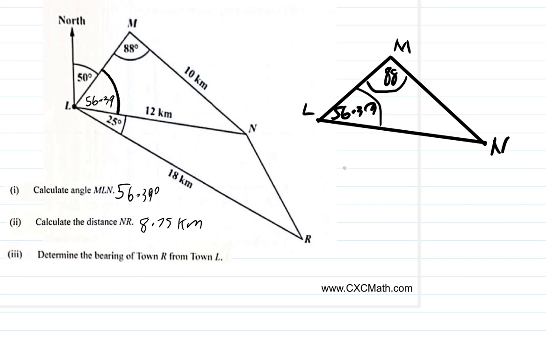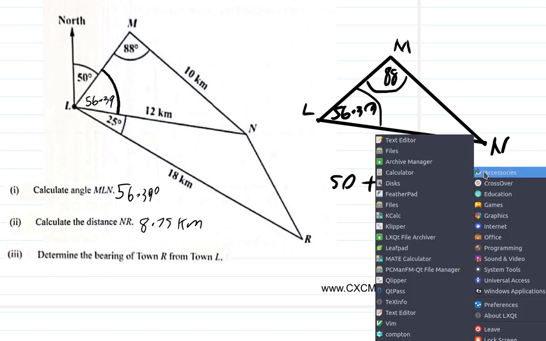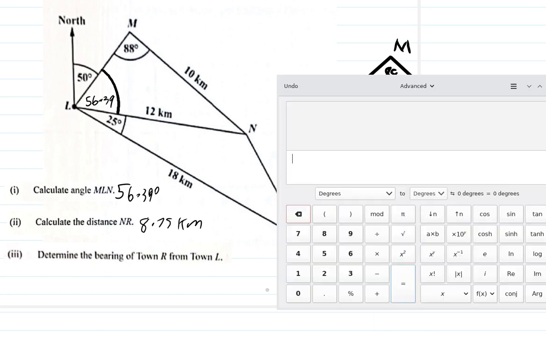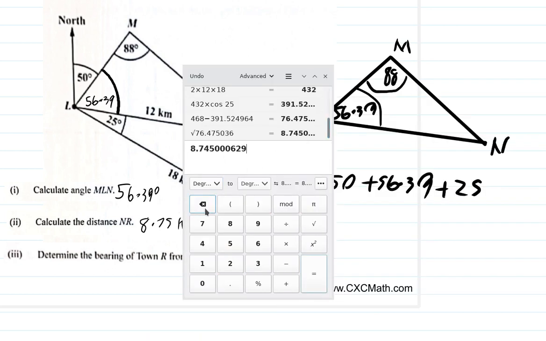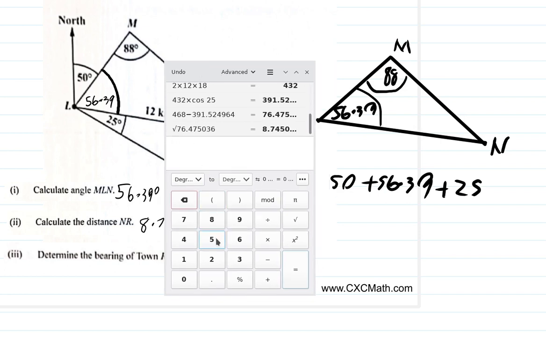So it's going to be 50 plus 56.39 plus 25. That is going to be the bearing of R from L. What would you get for that? Let us see. Calculator. We have 50 plus 56.39 plus 25 degrees equals 131.39.